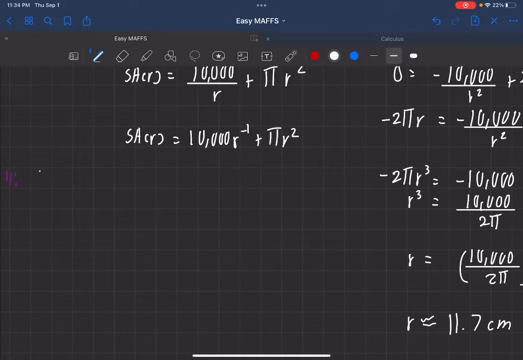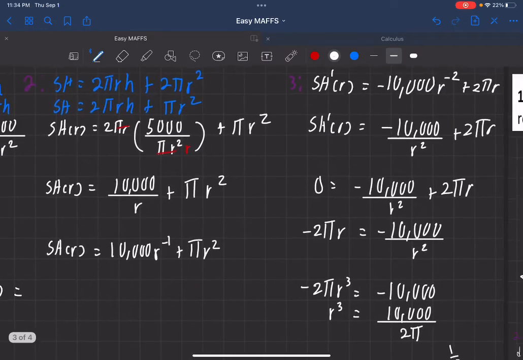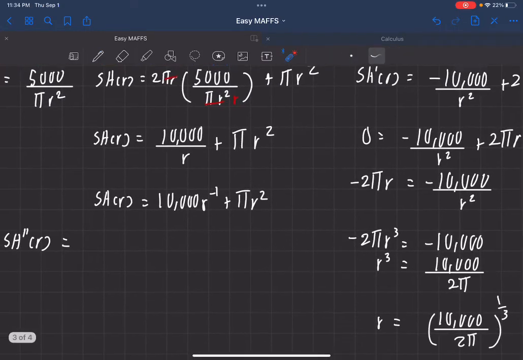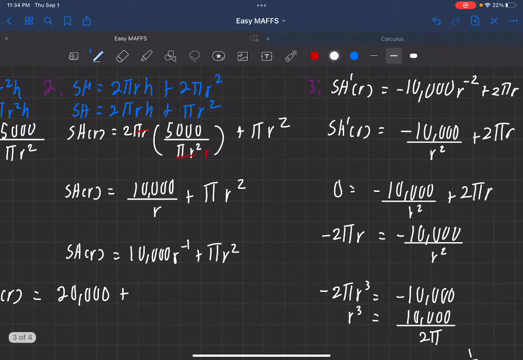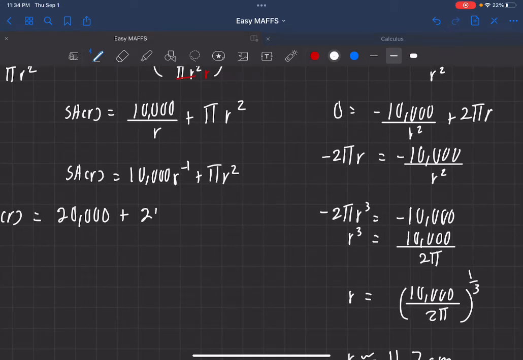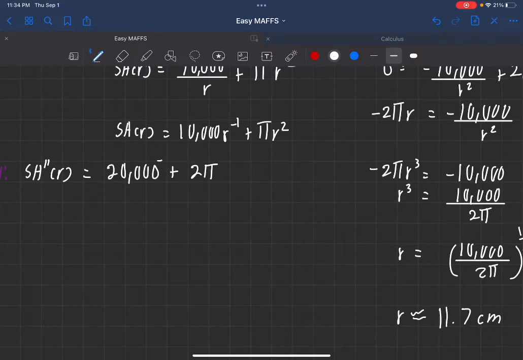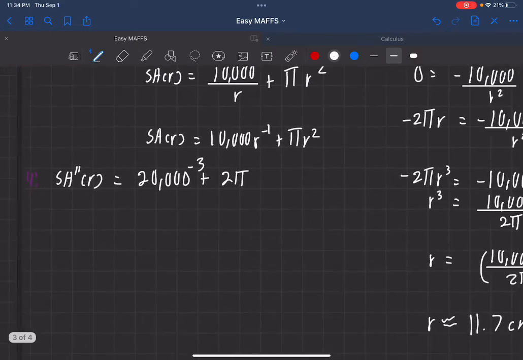So S double prime of r, that just means the second derivative, is equal to, so multiply negative 10,000 by negative 2, so 20,000 r to the negative 3 plus, well, what is the derivative of 2 pi r? Well, that's just 2 pi. Negative 2 minus 1 gives negative 3.